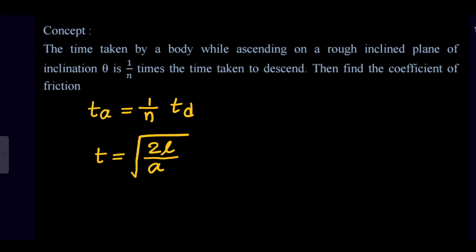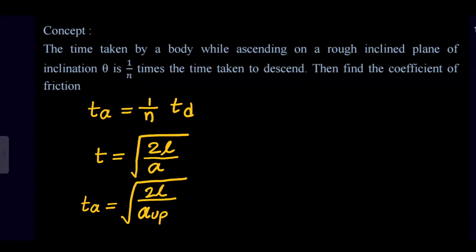Here TA means going up, so we have to use A up. So the time of ascent is equal to square root of 2L by A up.